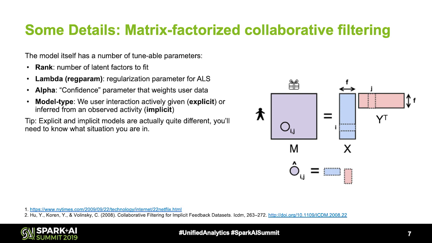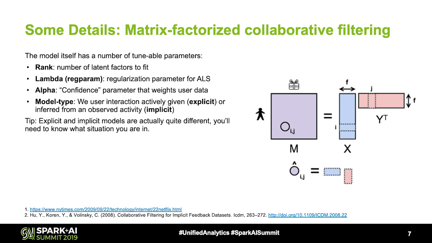And then probably the most important thing that you have to decide when you're setting this up is basically, are you in the explicit model or the implicit model situation? Basically this corresponds to whether your users are rating something, which is a continuous value between a lower and an upper number, or whether you are inferring someone's interest in an item based on item clicks, adding them to cart, purchasing things.